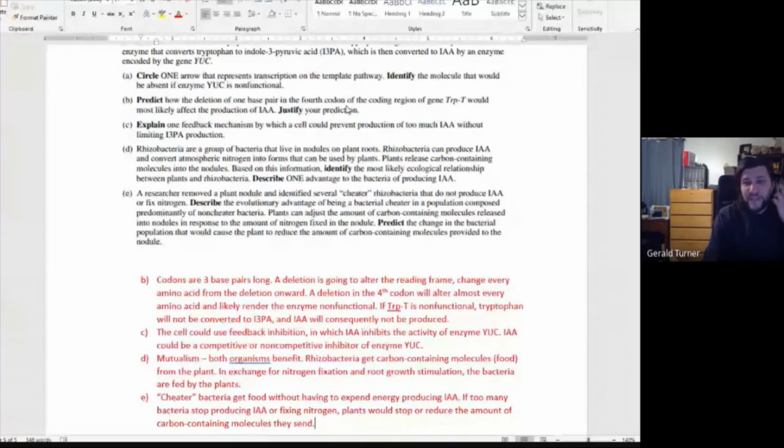So you want to look at what is the plant getting out of it, and if it stops getting what it needs, it's going to pretty quickly stop giving what the bacteria need there.